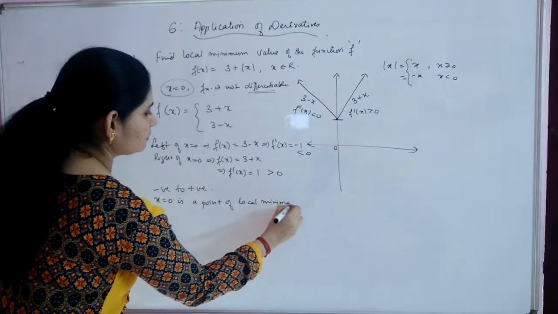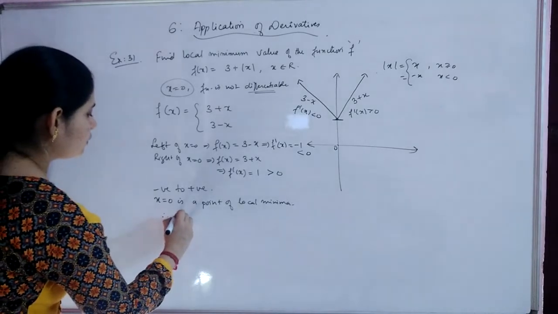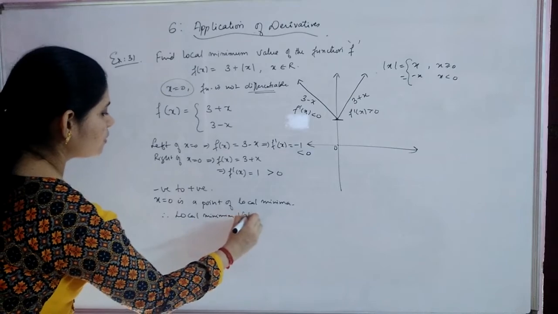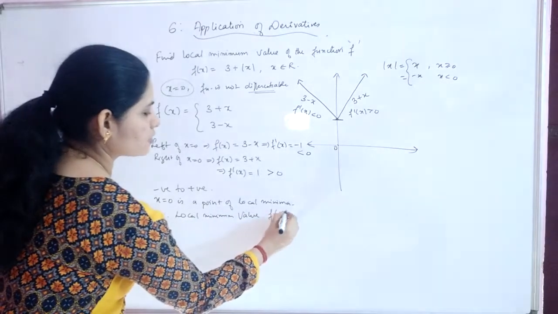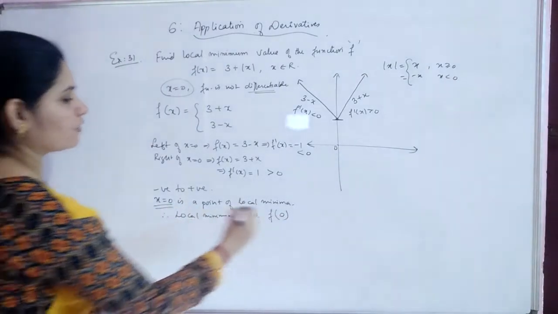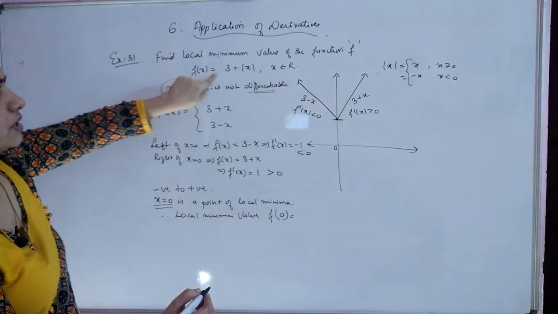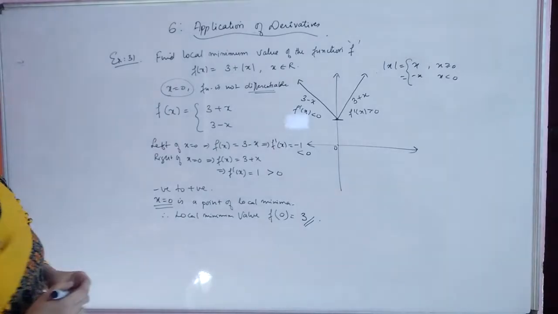How will you find the local minimum value? It is f of 0. Substituting 0 in the function, f of 0 becomes 3 plus 0, so the value is 3. The local minimum value is 3.